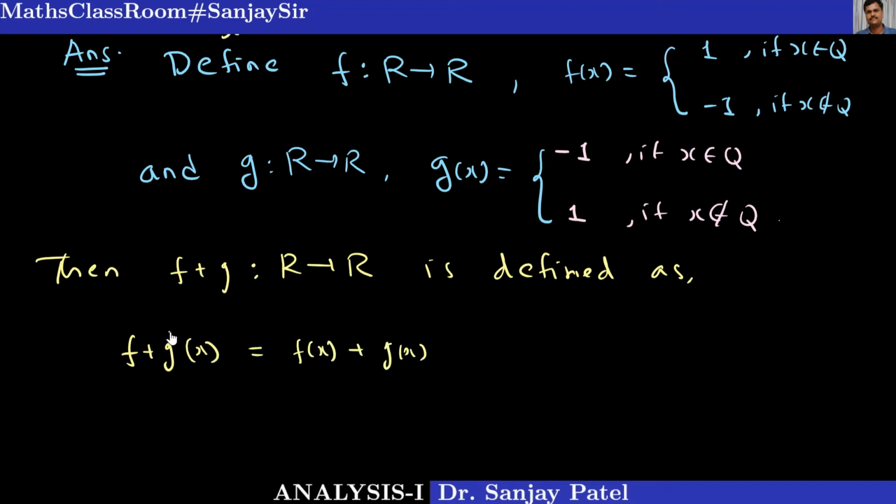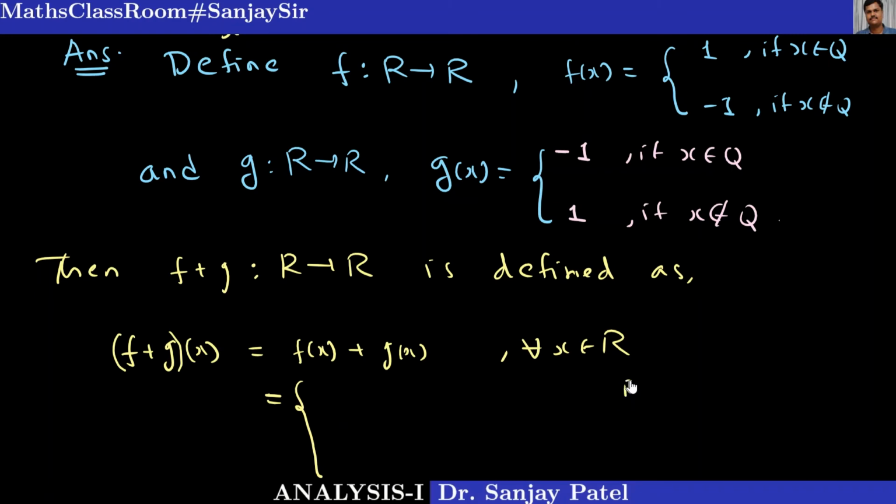Let me write this way: f plus g of x is equal to this for every x belongs to R. Here x is in real number, so it can be rational or irrational.